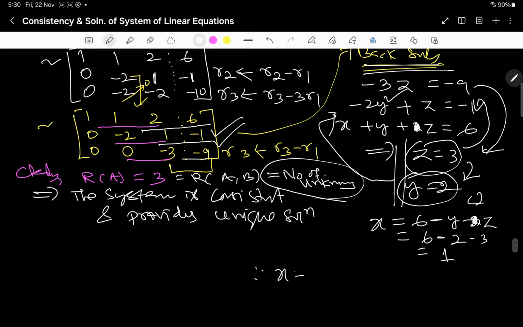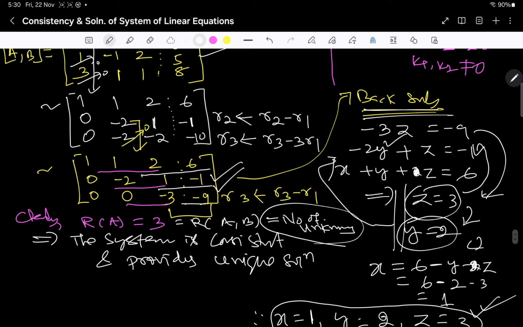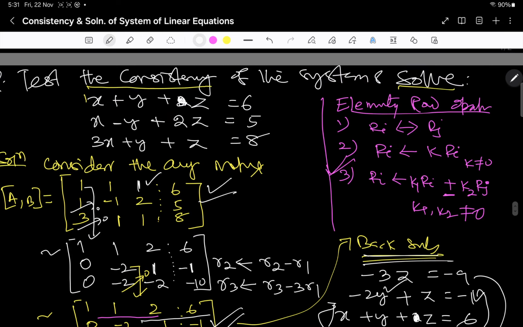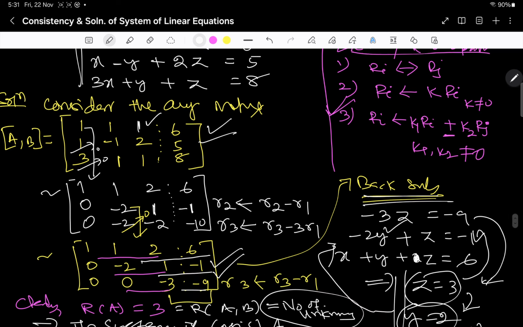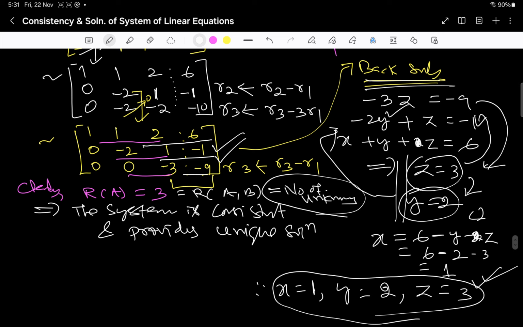Therefore we are getting x is equal to 1, y is equal to 2, and z is equal to 3. Just to get it confirmed that the answer is true, we may verify here. We just substitute x, y and z to check whether these equations are satisfied or not. To be on the safe side that our answer is correct, we should do a brief check on this.